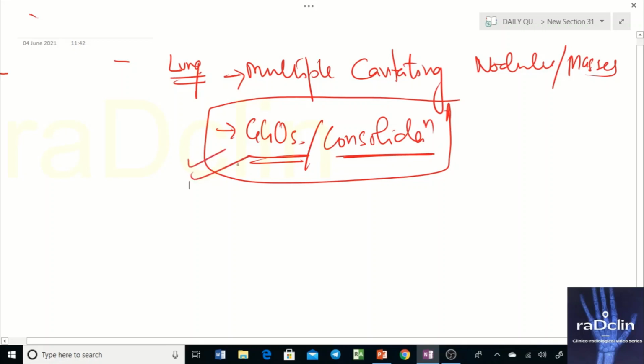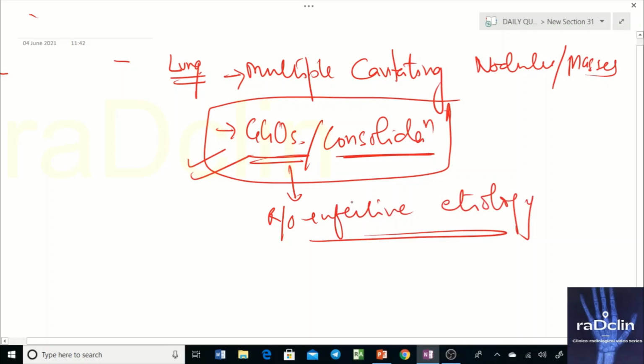But remember, whenever you have GGOs or consolidation as a predominant finding in the lungs, you will definitely not think of Wegener's unless you have multiple cavitating nodules also. If you have isolated GGOs or consolidation, you will first rule out infective etiology. The patient is obviously started on antibiotics and does not respond.